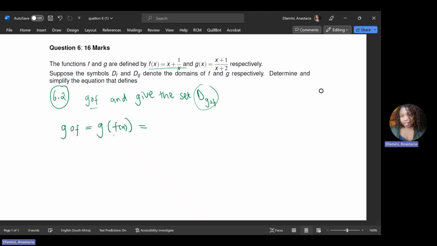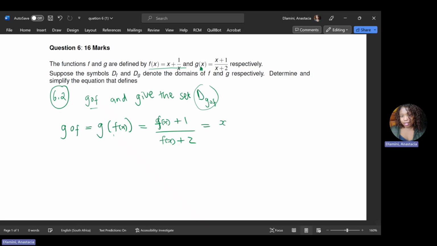So this means that where we see X in G of X, we're going to put F of X. So then this will be equal to F of X plus 1 over F of X plus 2. Remember, where we see X in G of X, we actually write F of X. Now, what is F of X?